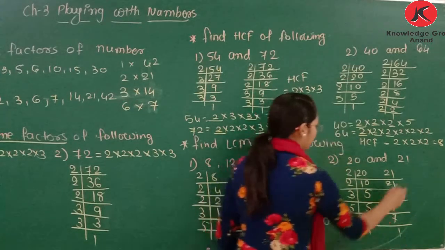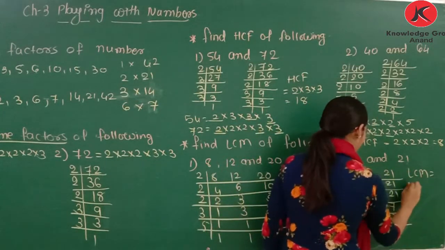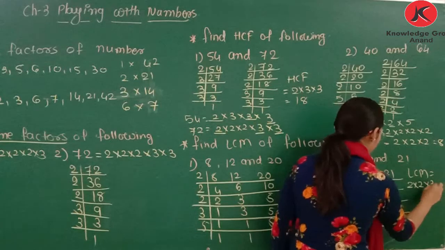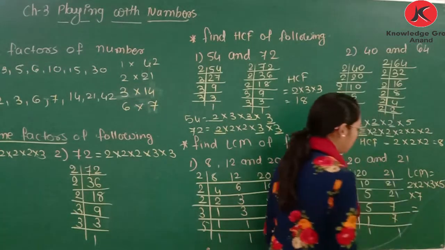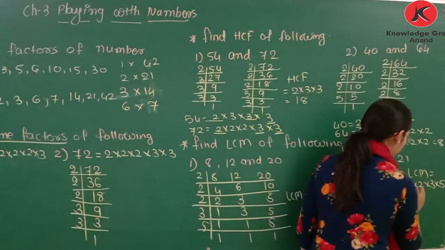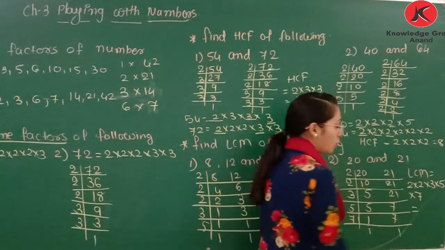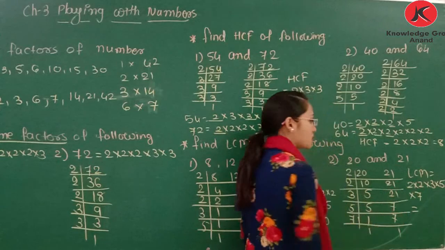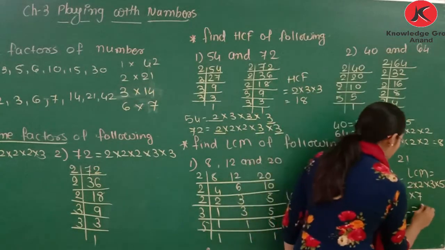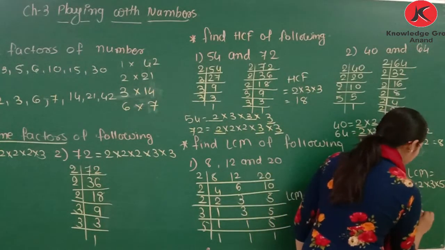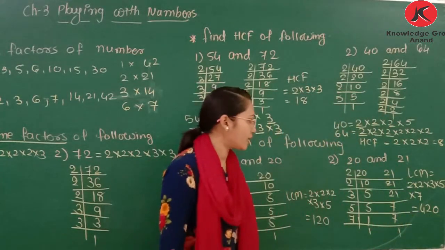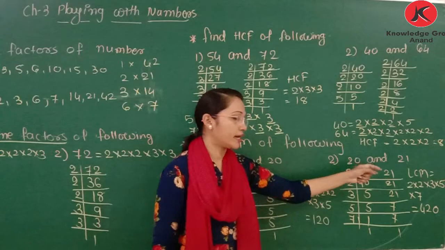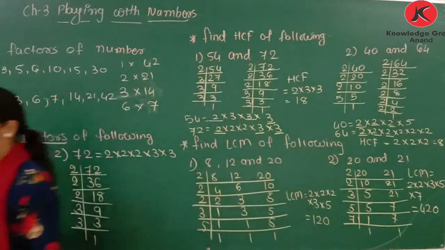So the LCM is 2 multiply 2 multiply 3 multiply 5 multiply 7. 5 3s are 15, 15 2s are 30, 30 2s are 60, 60 7s are 420. So the answer will be 420, which is the LCM of 20 and 21.